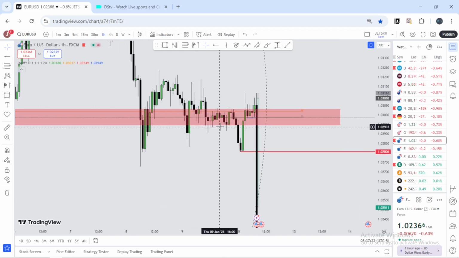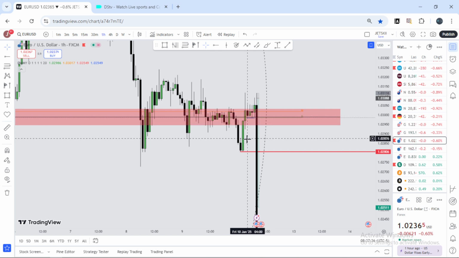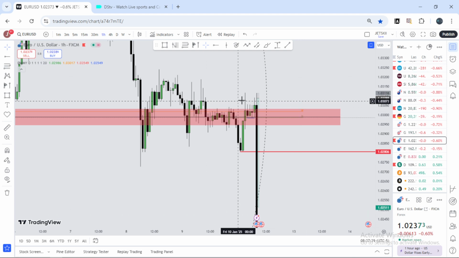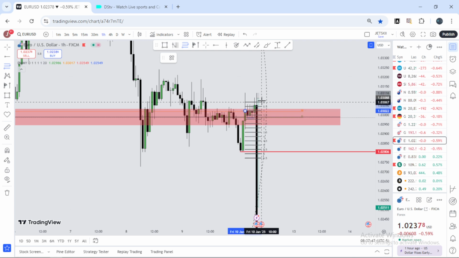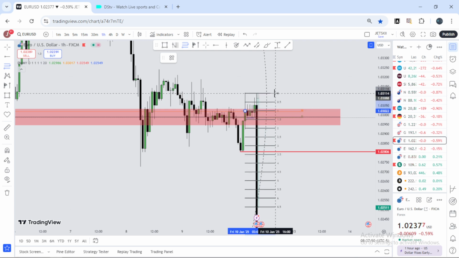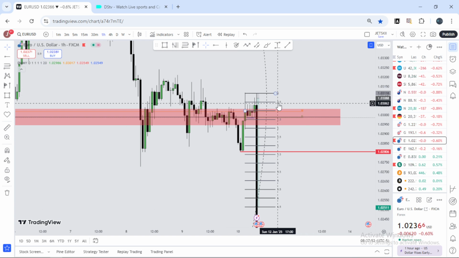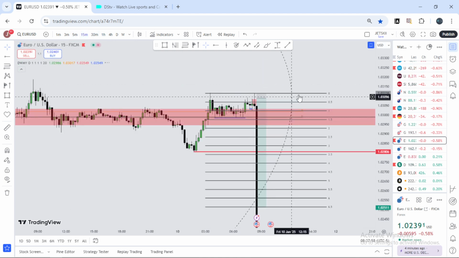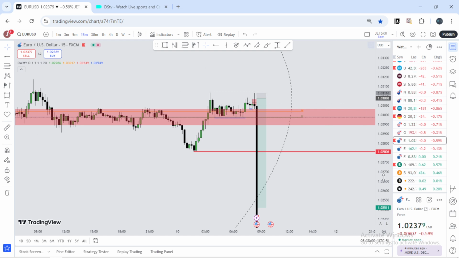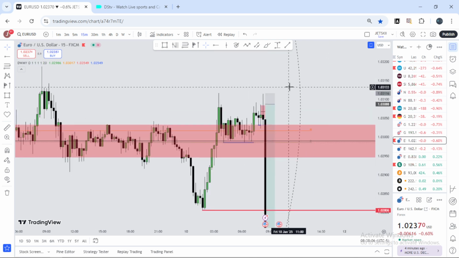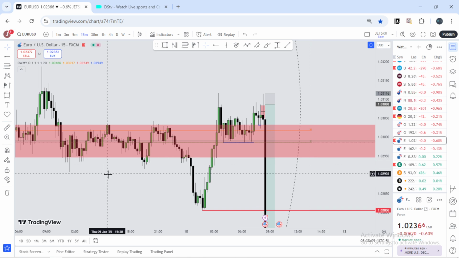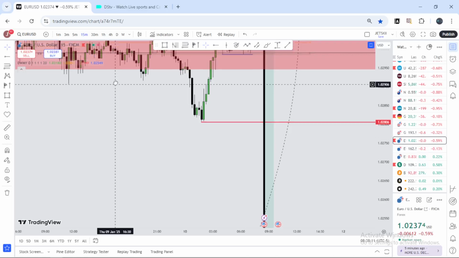You see, we've been consolidating, then we are here, and then we go higher, and then look at this wick. If we divide that into quarters, you'll notice that we hit that midpoint there. So it's the highest level where we can be looking for setups. And then from there we are just going to the downside, as you can see.